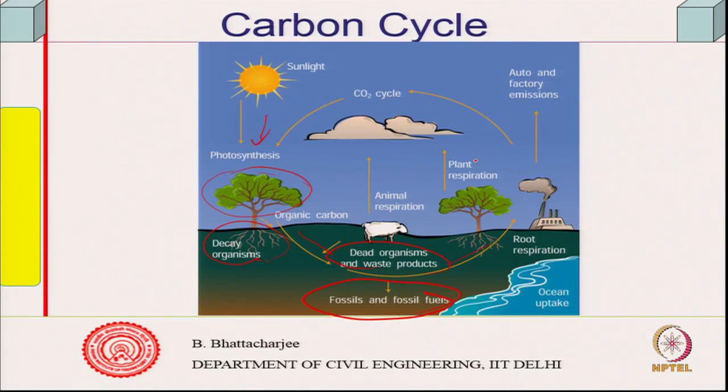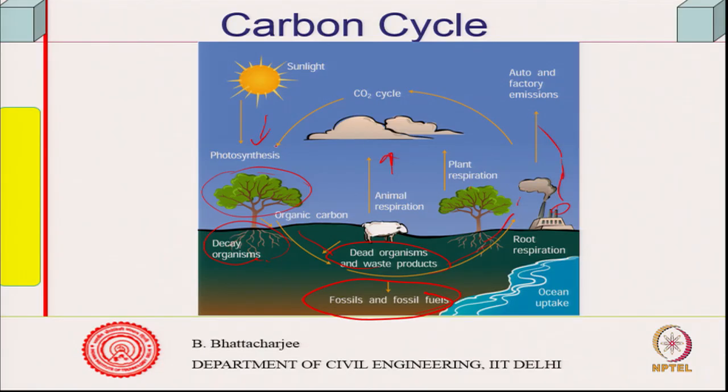Some of it goes out through root respiration, plant respiration, animal respiration, which generate carbon dioxide. Then auto and factory emissions and transportation energy emissions again generate carbon dioxide.